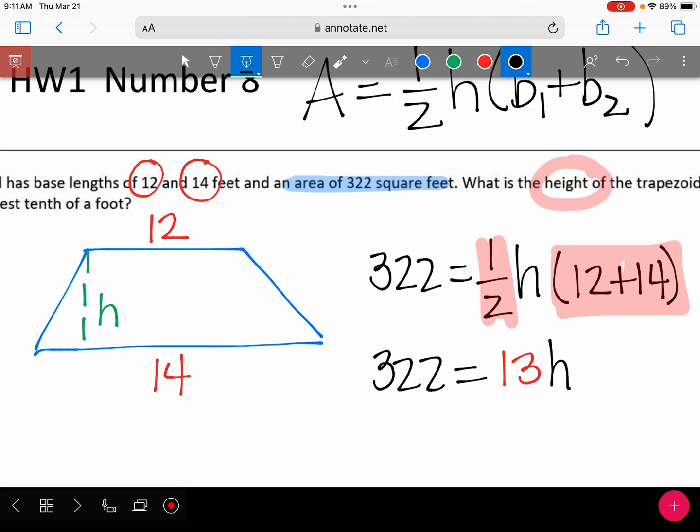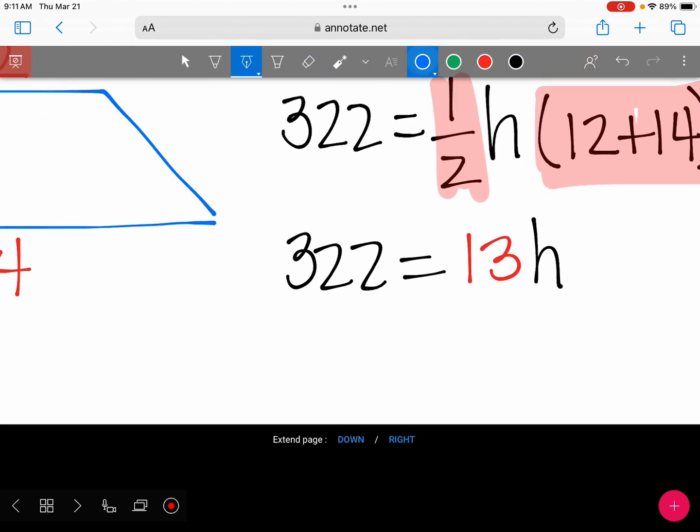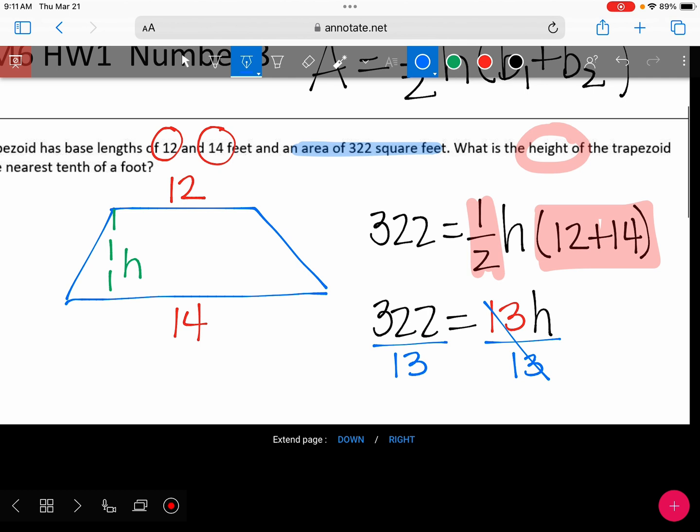So what would I have to do now to find the height? Divide. So in your calculator, go ahead and take 322 and divide that by 13.